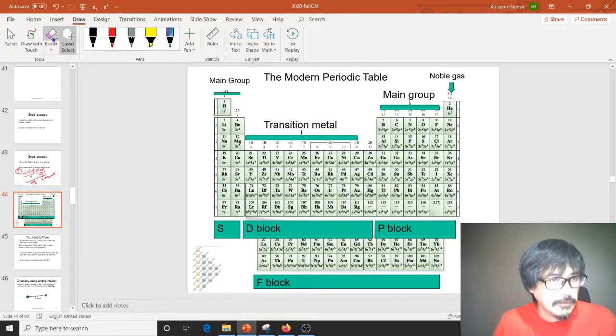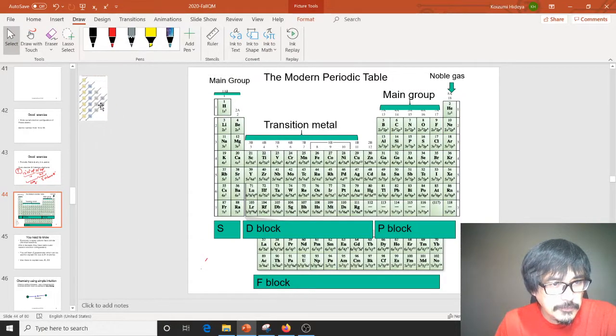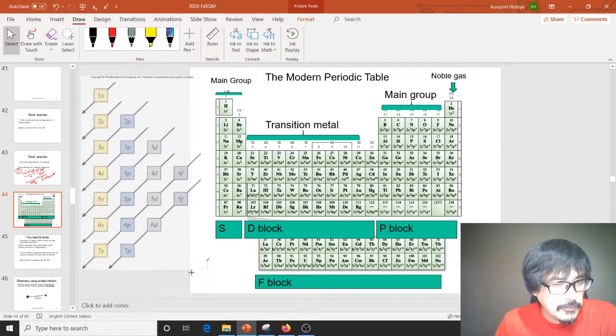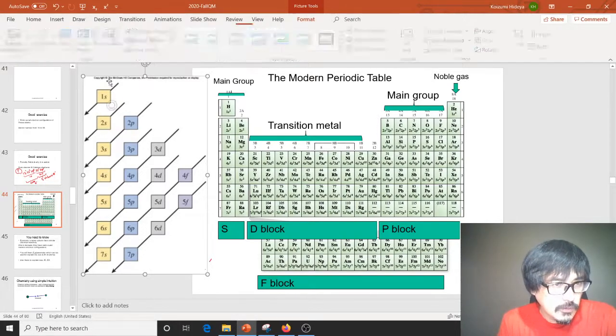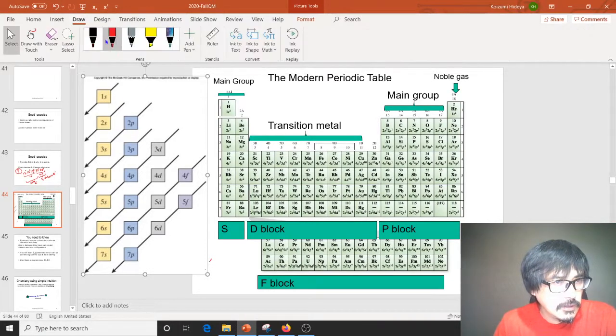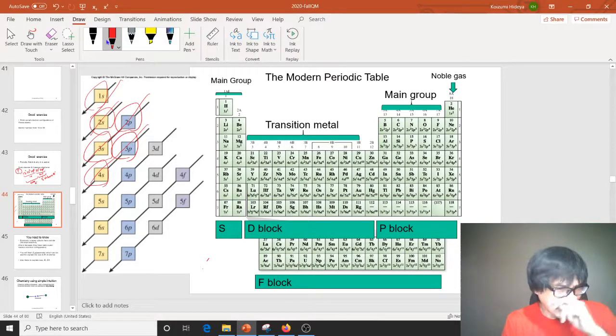Alright, so let's see the correlations between the Aufbau principle and the periodic table here. The Aufbau principle starts out with 1s, 2s, 2p, 3s, 3p, 4s, and so on and so forth, 3d.